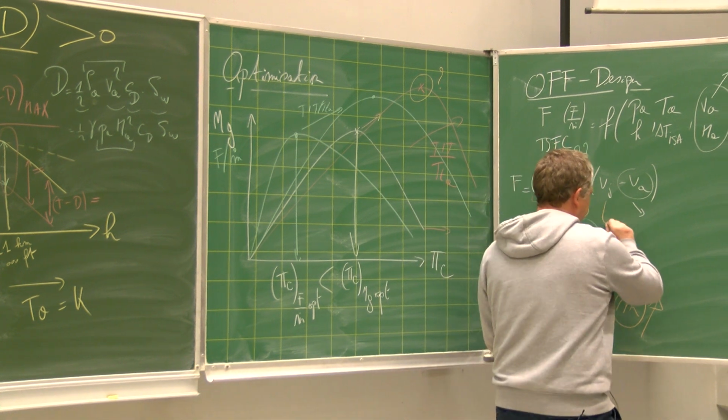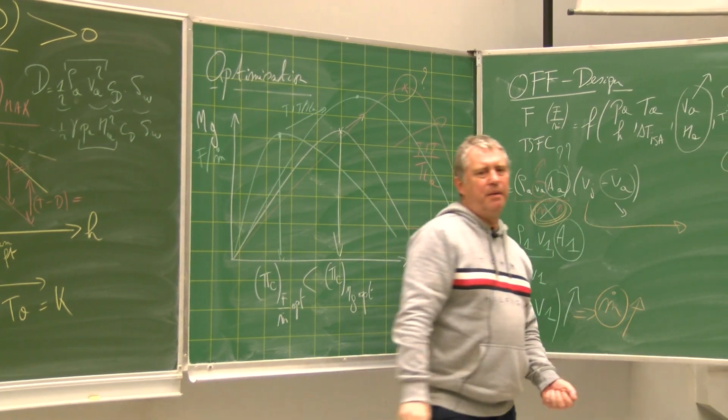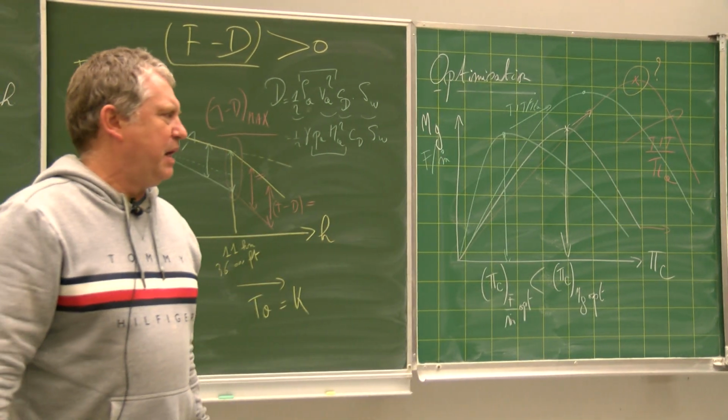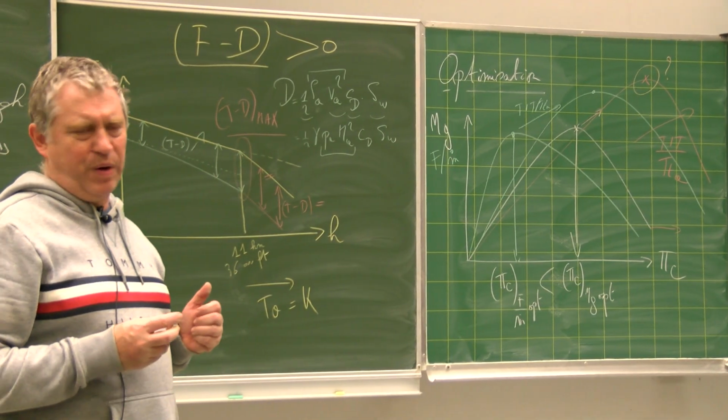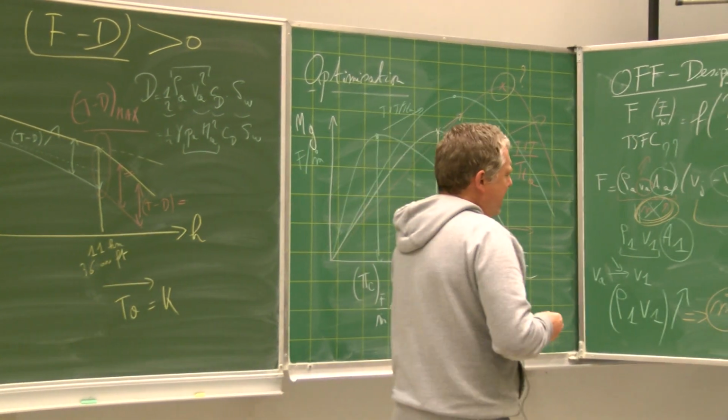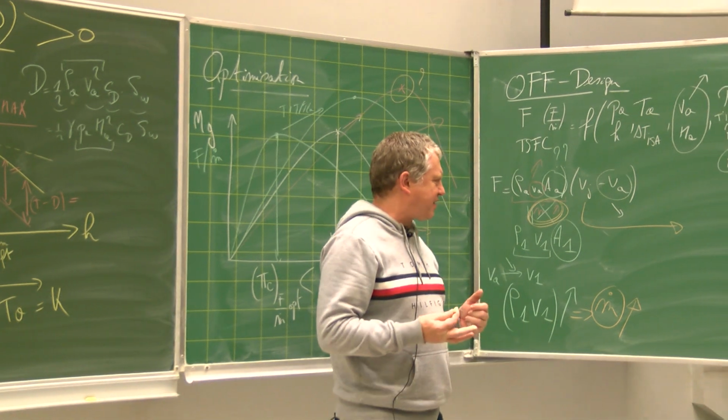Another factor that will play a role, this is V jet. The V jet will be also influenced by the value of VA. It can be in different ways.